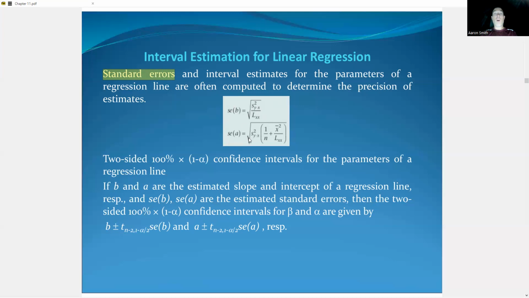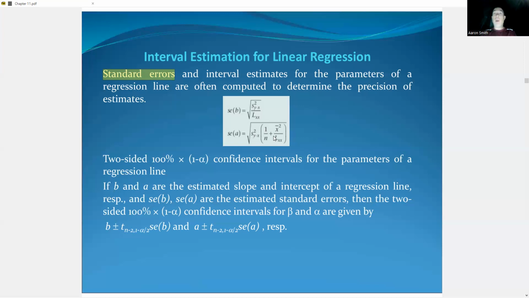And here is our formula for the standard error of the y-intercept. Okay, and so using this, our point estimates and our knowledge of what the corresponding distribution for the slope and the intercept as random variables from the data that we're collecting, assuming the whole random hypothesis things, we can get our interval estimation.